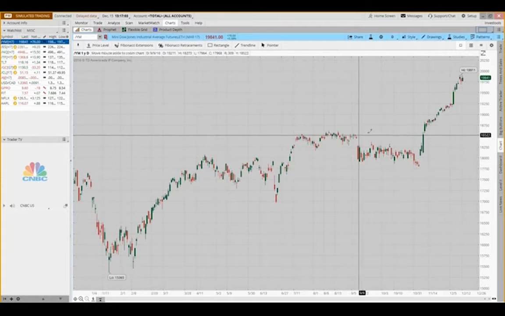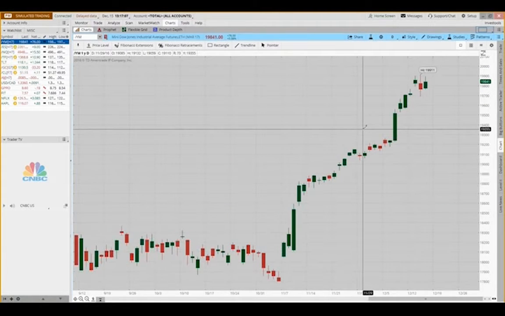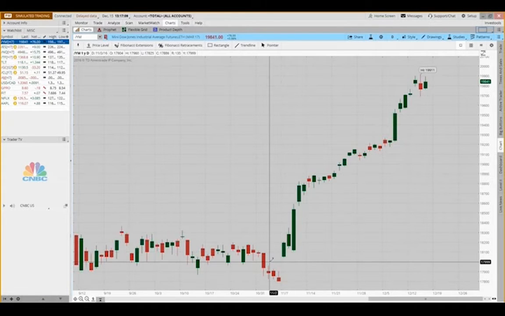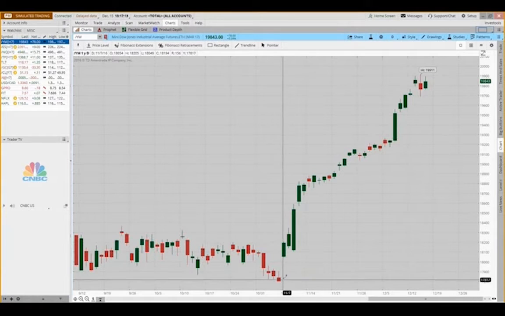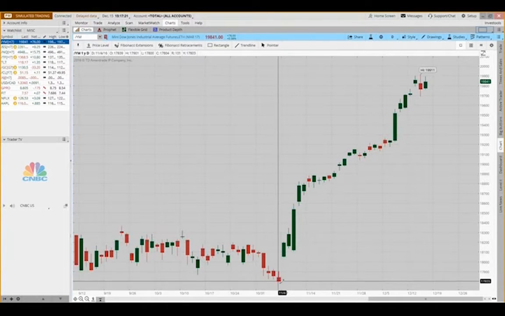So when we look at something like the Dow, let's look at this recent run here. Now this is since the election happened, that this run started here. But let's look at these candles and start reading them one by one. If you look back in here before that election night, we were trading slightly lower. In other words, we had a series of red candles and sellers were in control here.